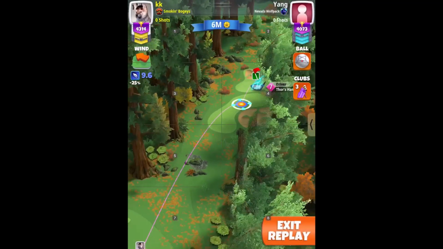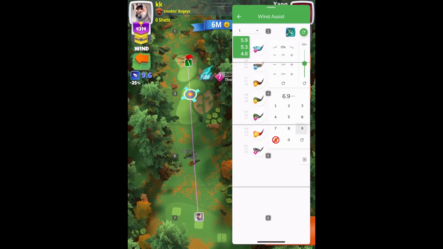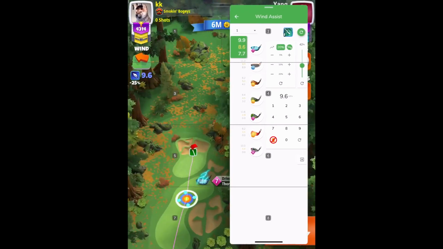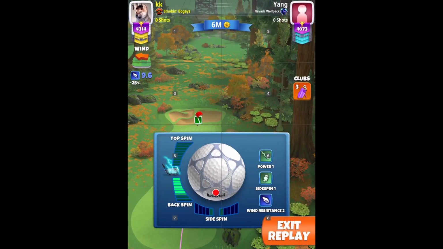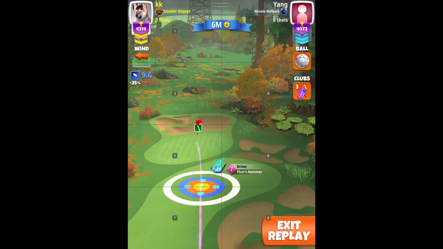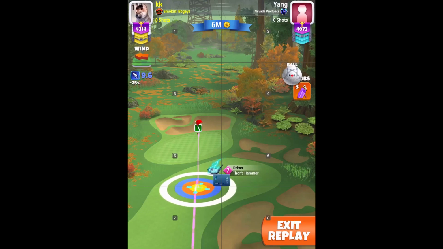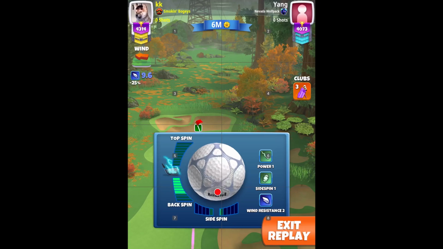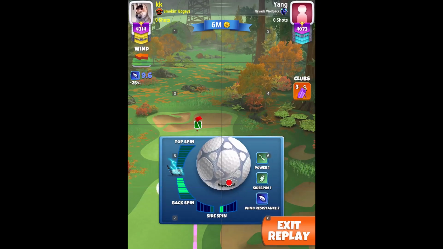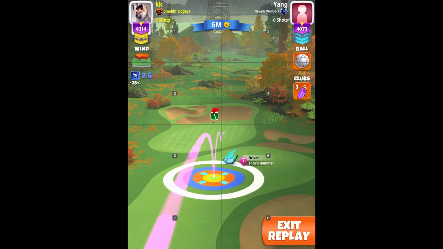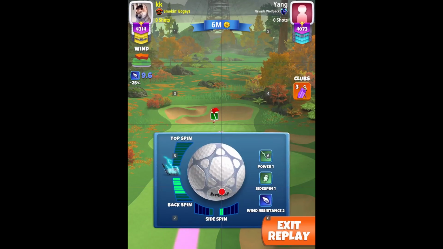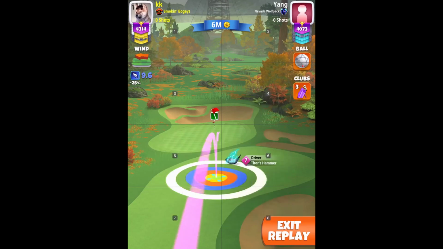Here's a pretty straight right to left crosswind that I'm going to do a driver shot, setting up in the same position. And I'm doing about 6.3 backspin. With approximately half of a bar of right spin.